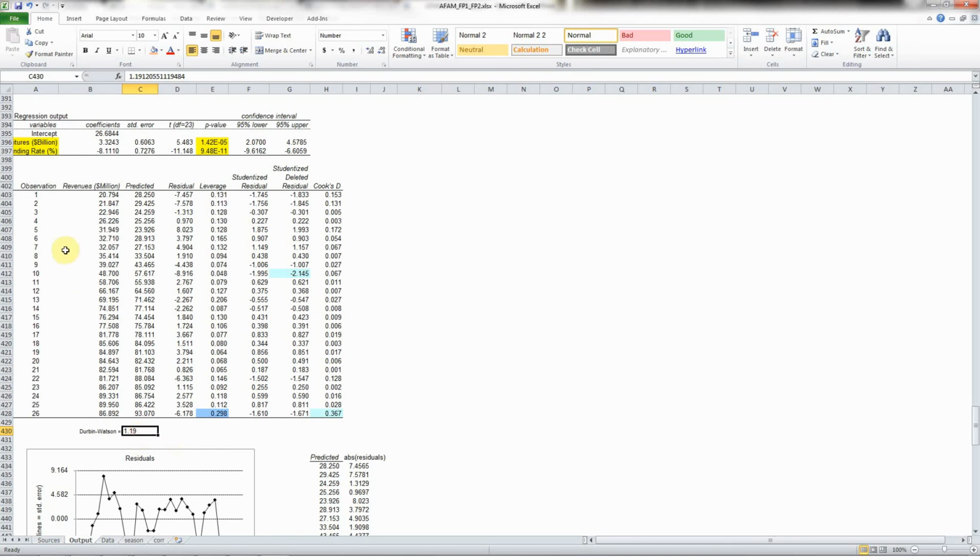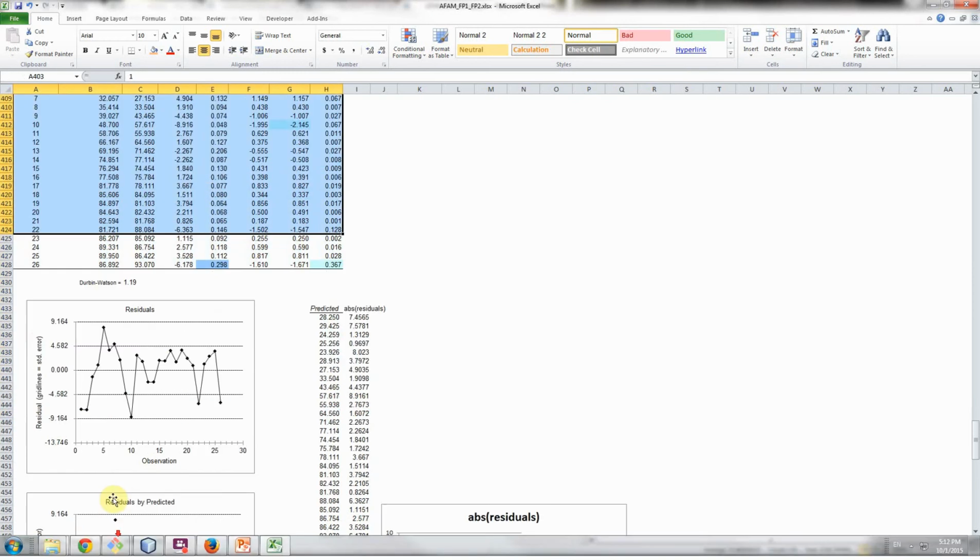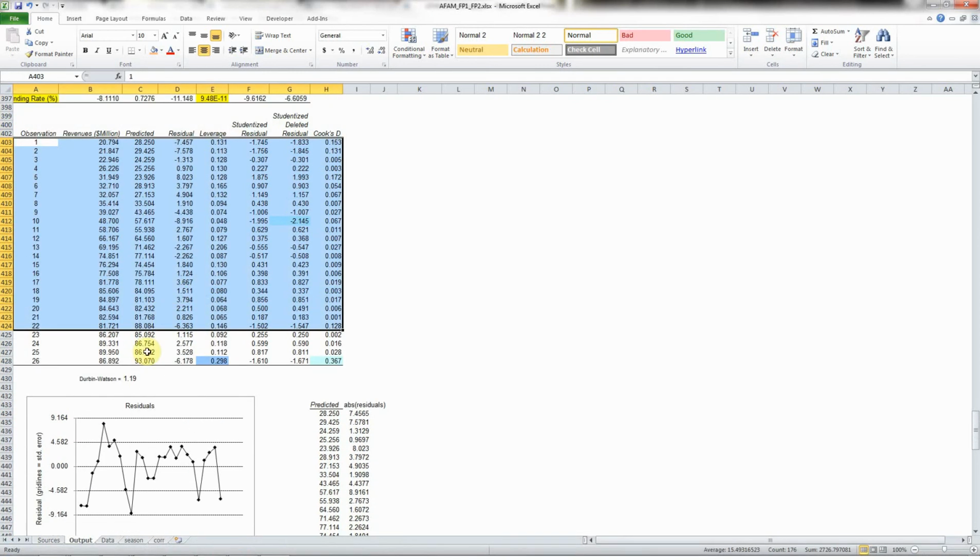Well, one option is to take a random subset of the data, and that would remove it from having the problem of being time series data. The problem with that is that I don't have that many data points. I have 26 data points. So I would have to remove about a quarter or a third of this to bring that Durbin-Watson back up. And because I have less data, it's actually going to increase my standard error.